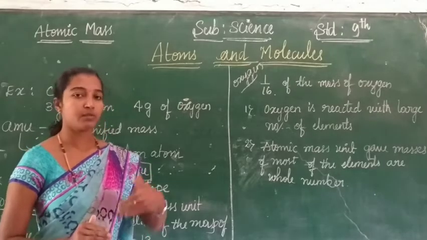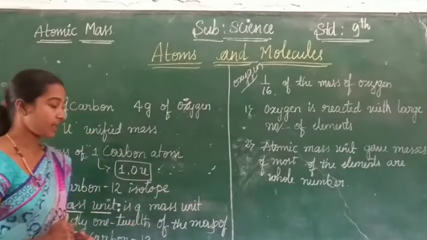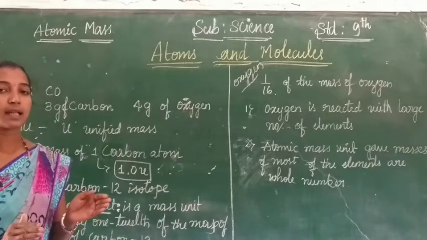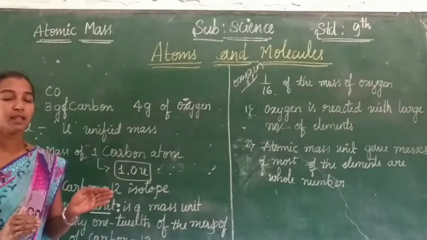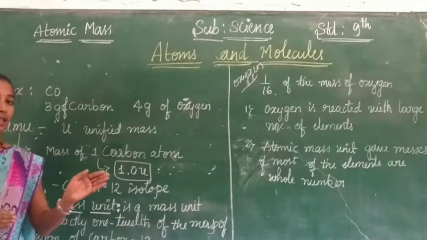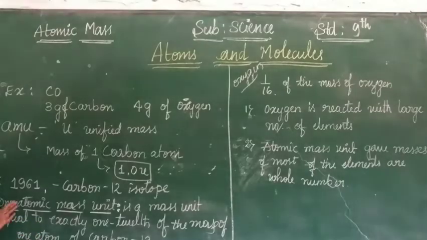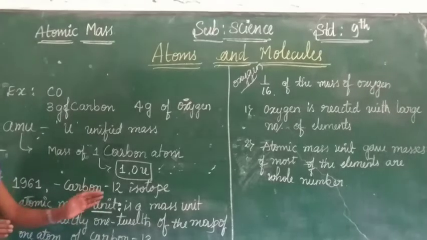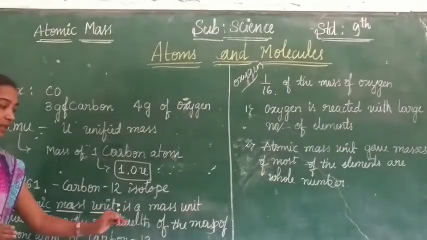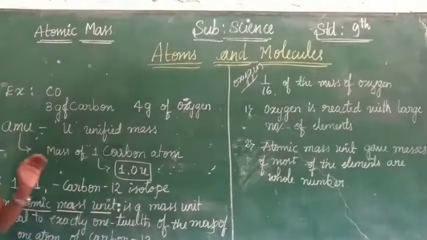But after so many researches, in the year 1961, the carbon 12 isotope was used as a standard unit to represent the atomic mass of an element. And that atomic mass unit is defined as follows: one atomic mass unit is a mass unit equal to exactly 1/12 of the mass of one atom of the carbon 12 isotope.